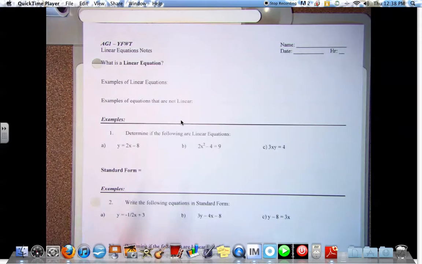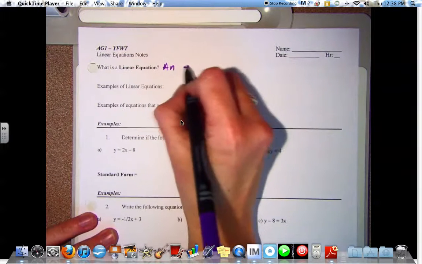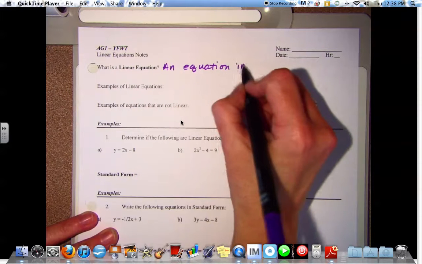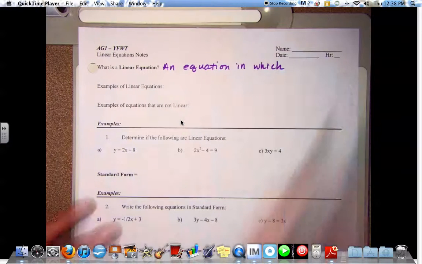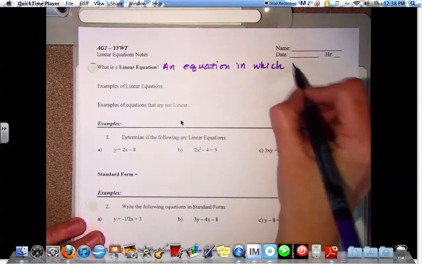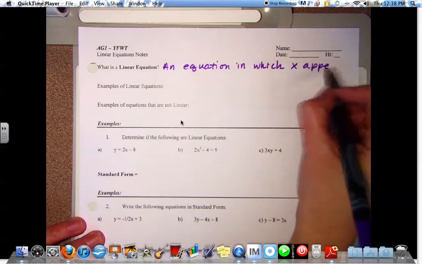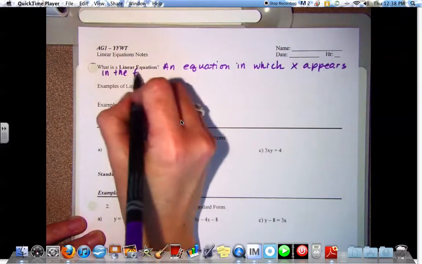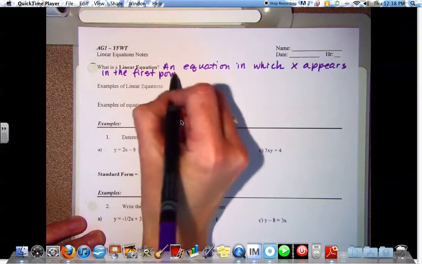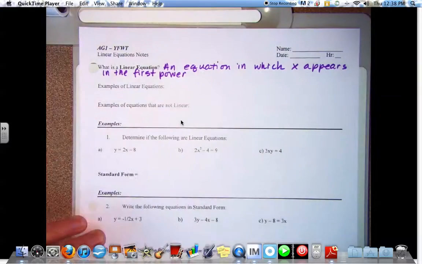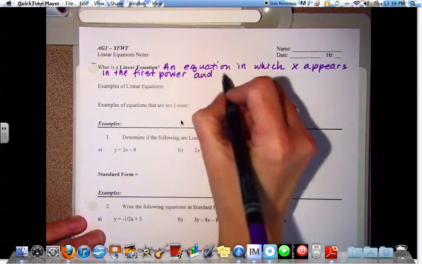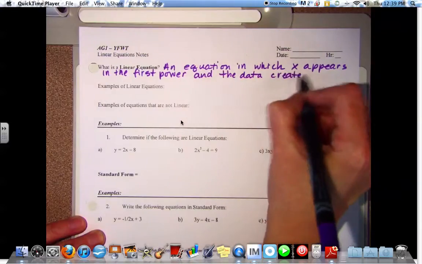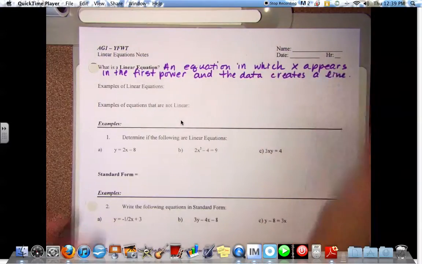So, a linear equation is an equation in which x appears in the first power and the graph creates a line.